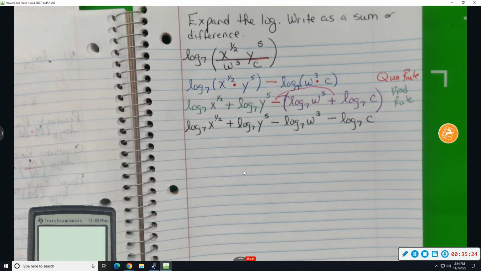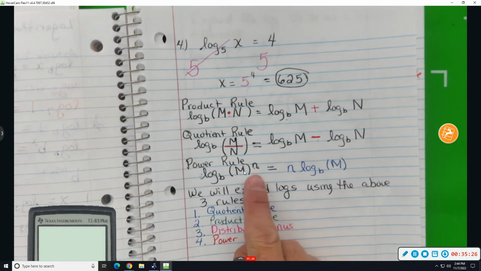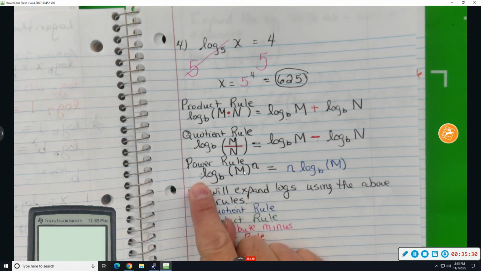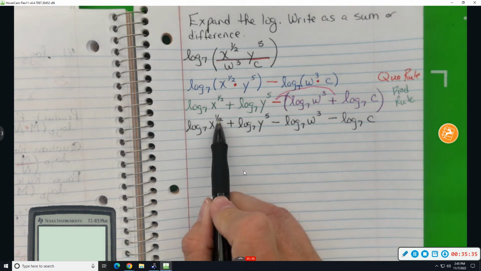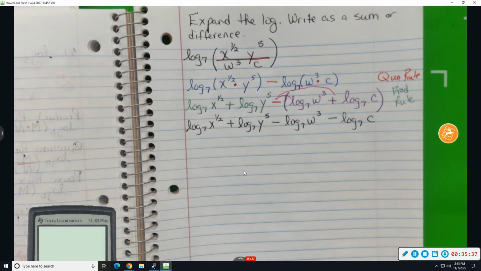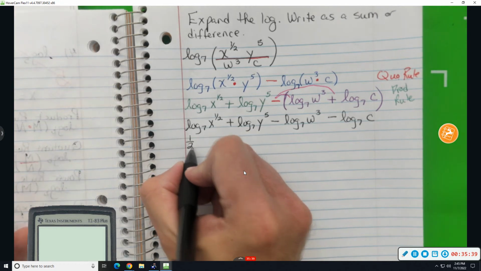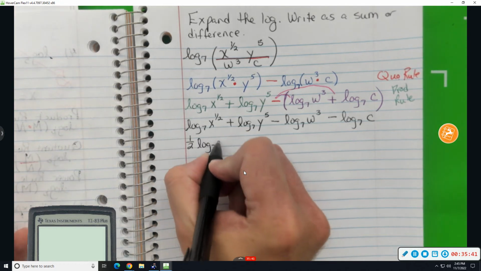And the power rule, oh wait, what did it say? If you have an exponent at the end, move it in front of the letter L. So just go through carrying each exponent in front of the letter L. So it would be 1/2 log base 7 of x.